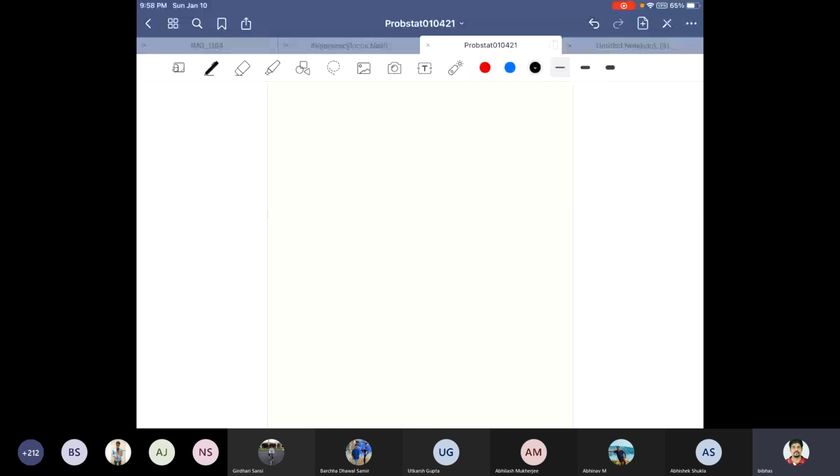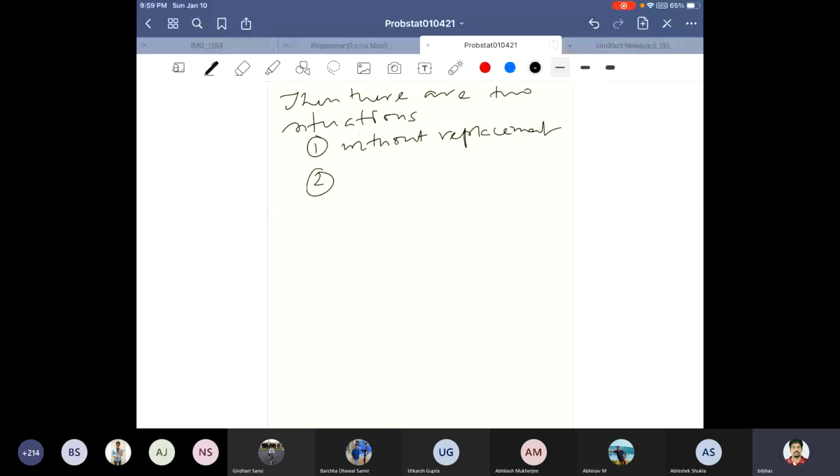The question said there is no replacement, but there can be another option, another experiment, where you replace the card. So there are 2 situations: one is without replacement, and another is with replacement.